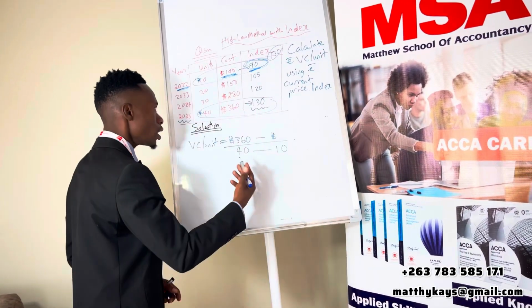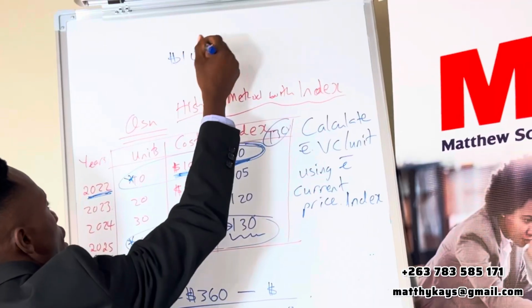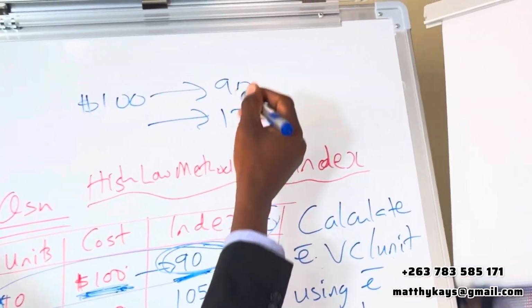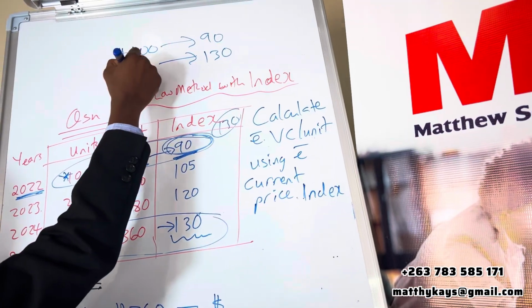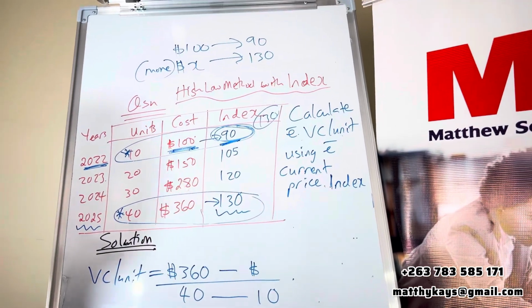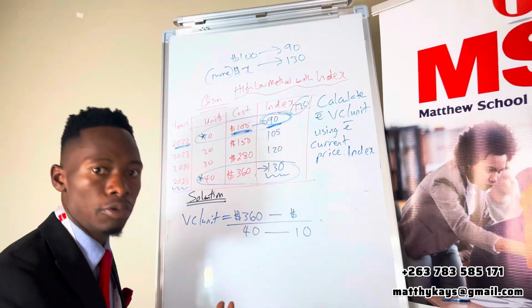So now, how do you do it? You can apply your simple mathematics here. We say $100, the index was 90. How about if the index was 130 in that year, the answer was going to be more, and you use the proportion, you do the number crunching exercise. Guys, this is primary school stuff. You do your mathematics, you apply pure common sense here.